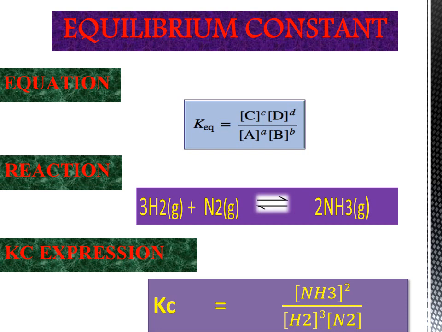There are 3 moles of hydrogen, so we will put 3 as a power for hydrogen gas, and there is 1 mole of nitrogen, so we will not mention the 1 for nitrogen. You can see that these square brackets show the active masses, these show the reactants or the products, and this coefficient shows the moles of any reacting substance.